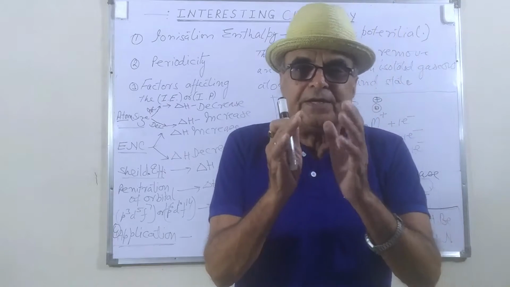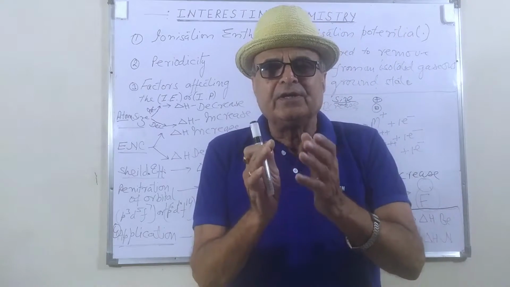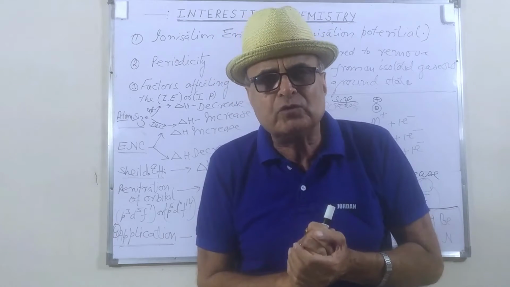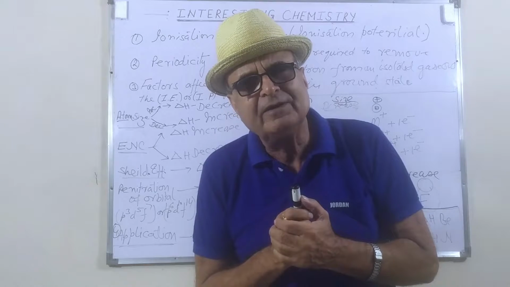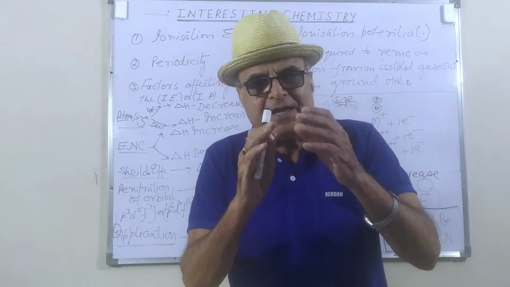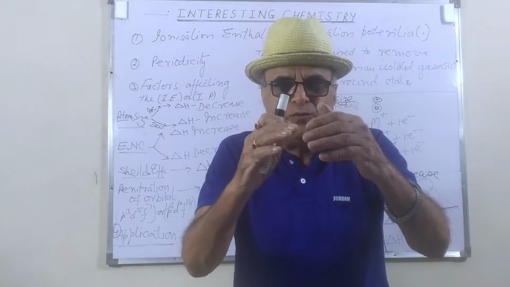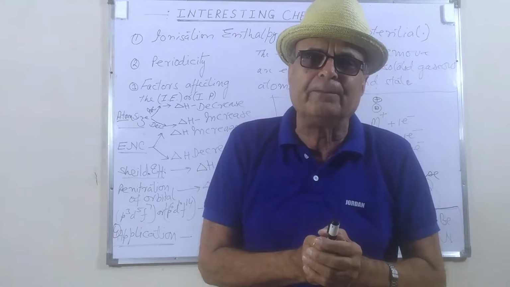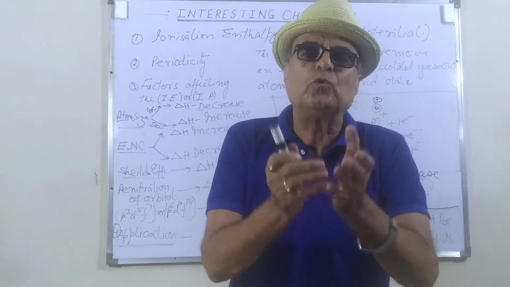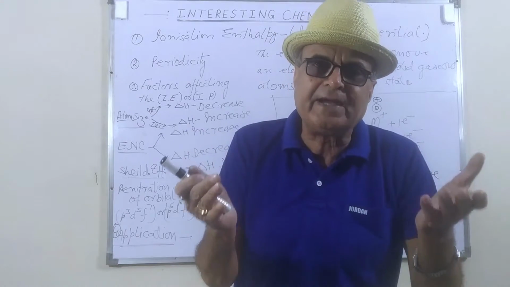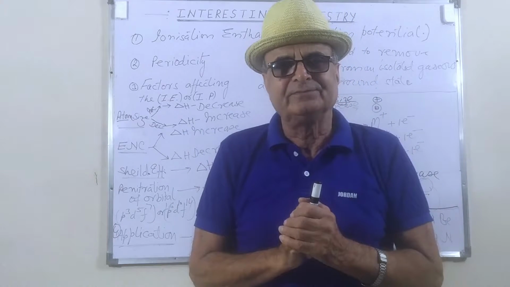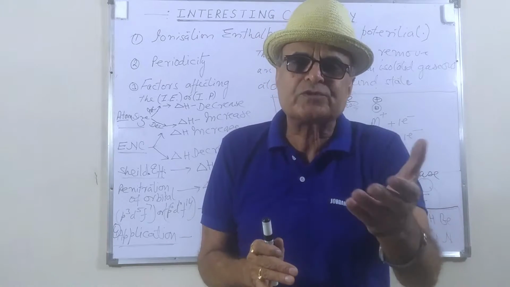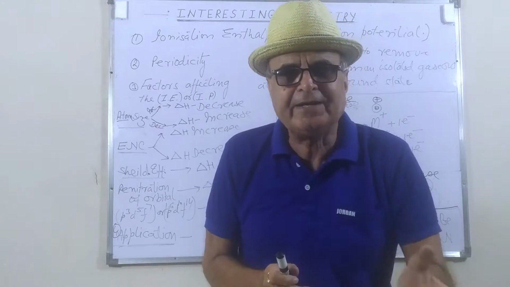In an atom, the electron is attracted by the nucleus, you know very well. Then how will you remove an electron from an atom to form a cation? It means you have to give some energy to the atom.